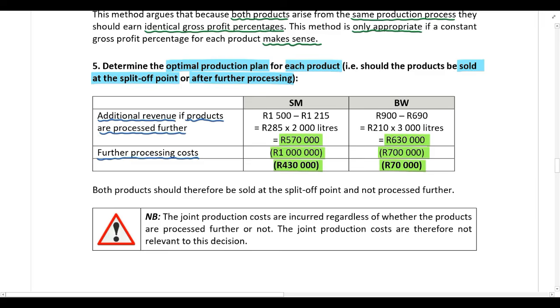So both products should therefore be sold at the split-off point and not processed further. And you can see the discussion just below. I told you the joint production costs are incurred regardless of whether the products are processed further or not, so they are not relevant to this decision.